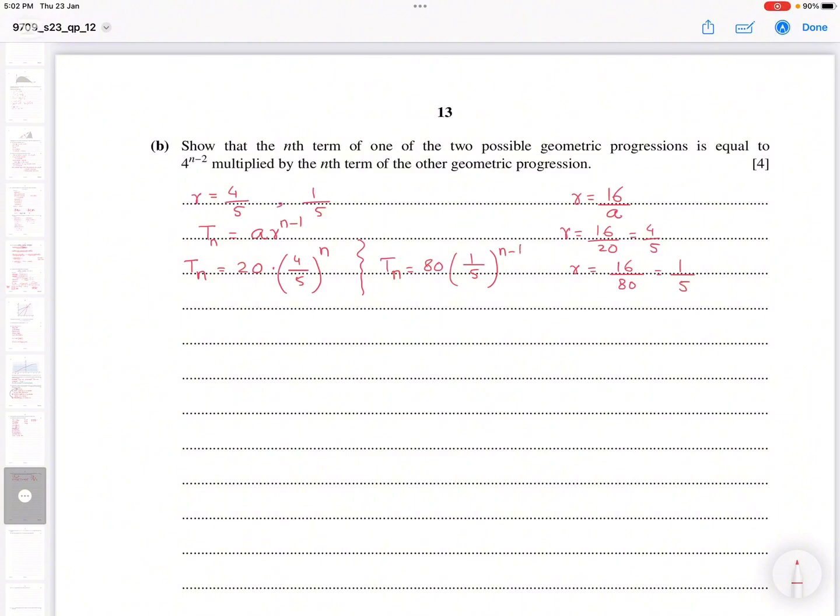Okay, work further on this. Tn equals 80 times 1 over 5 whole power n minus 1, times 4 power n minus 2.